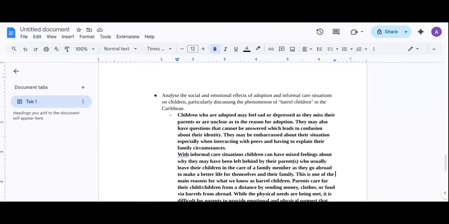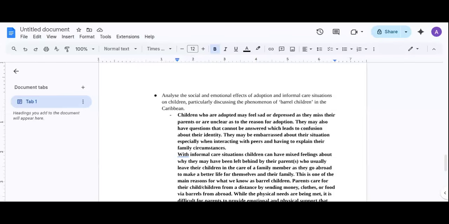So that analysis there, based on what we know the command word analyze to mean, is making sure that everything they're asking to be analyzed is analyzed. They talk about the emotional and social effects of adoption and informal care situations, and they also spoke about barrel children.